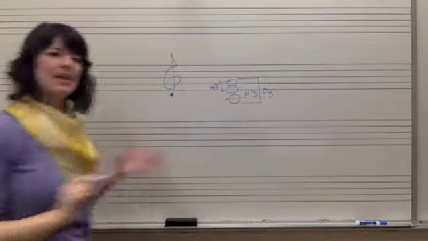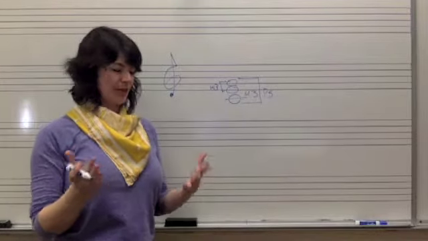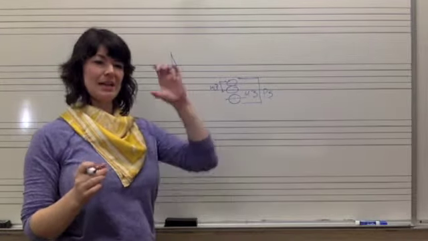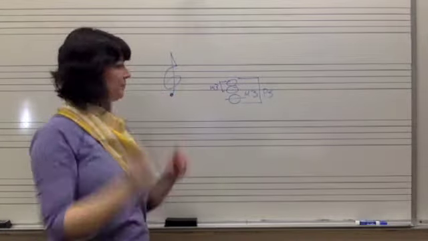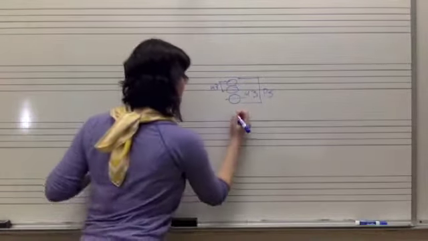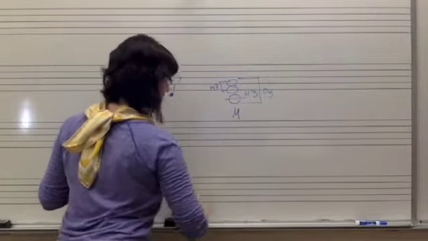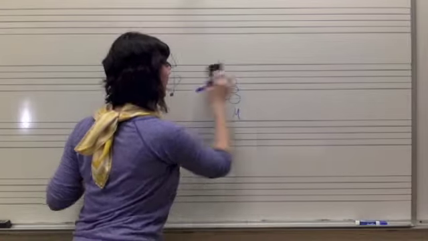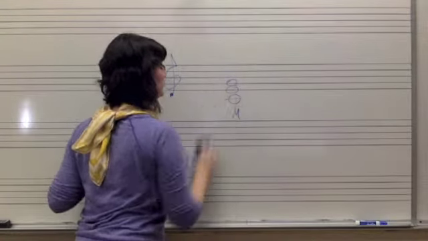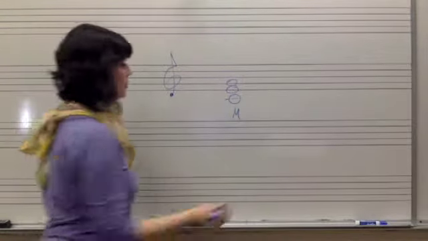So another way of saying this is that a major triad is a major third stacked on top of a minor third, all right? Now, this is a major chord.